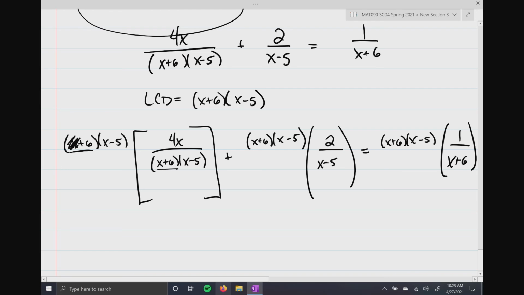We know they reduce. You got an x minus 5 in the numerator, x minus 5 in the denominator. They reduce. So you're left over with 4x. Think about that. That first term that looked really ugly, it turned out the entire denominator reduced. That's a good thing.